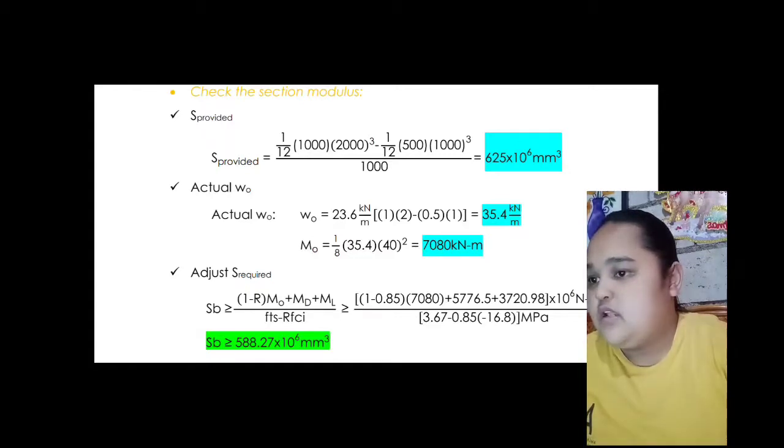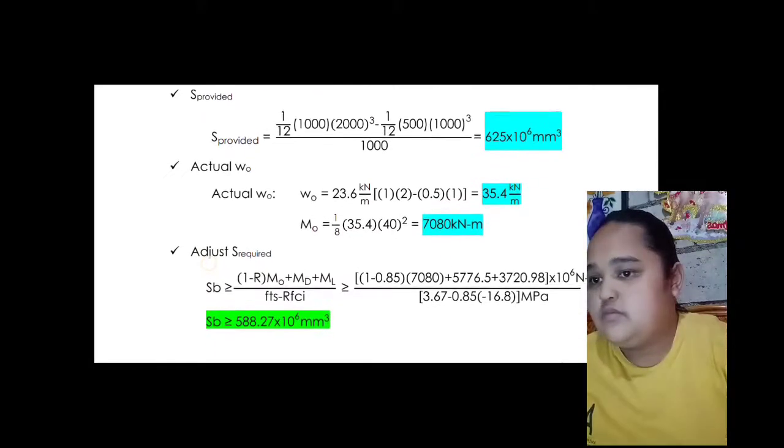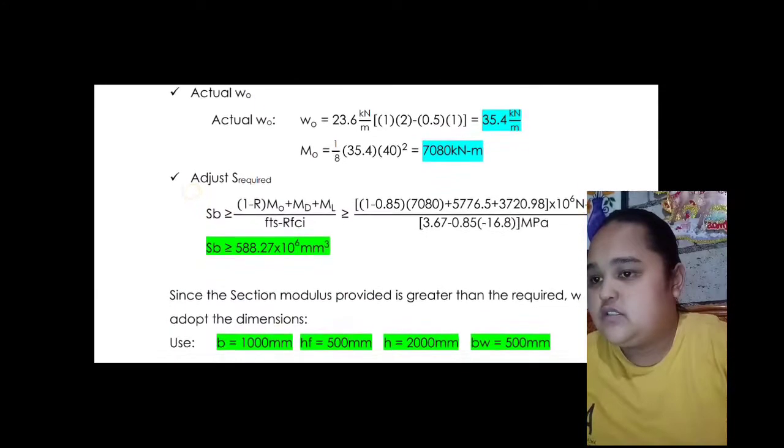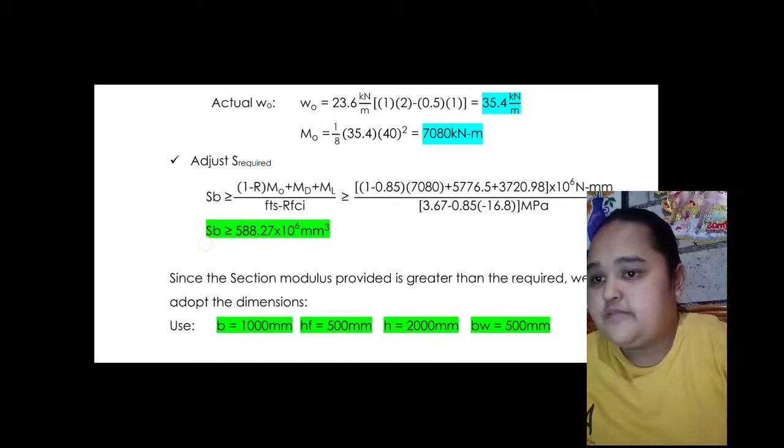The actual WO is 23.6 kilonewton per meter times (1 times 2 minus 0.5 times 1) is equal to 35.4 kilonewton per meter.